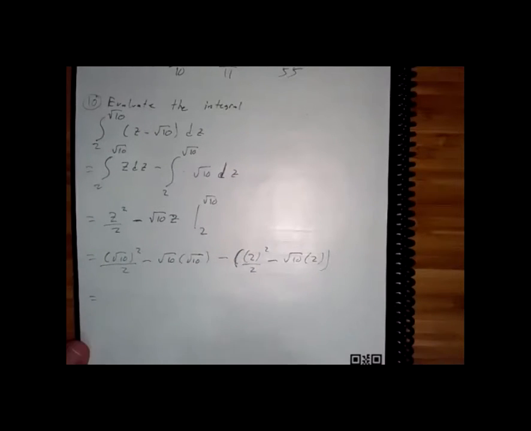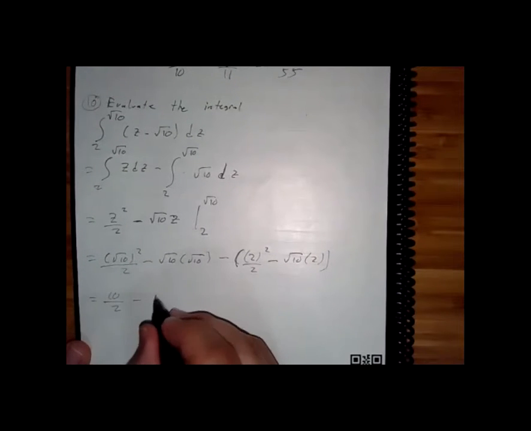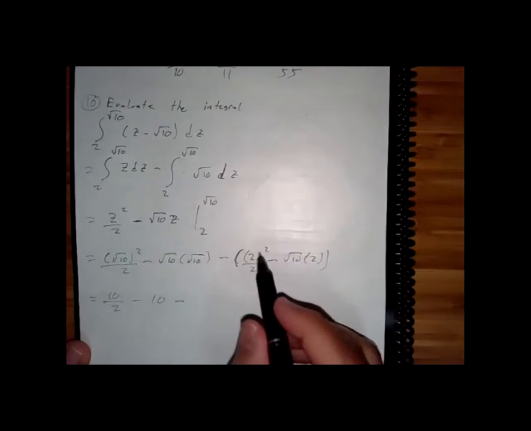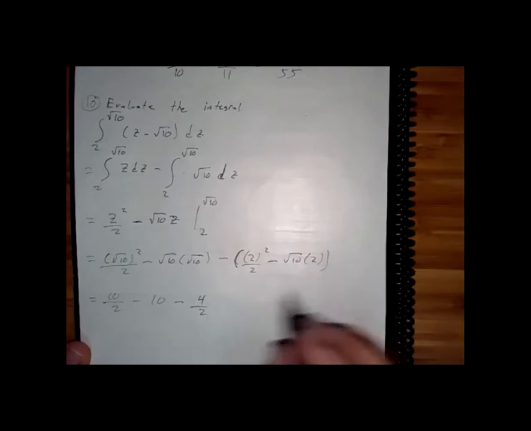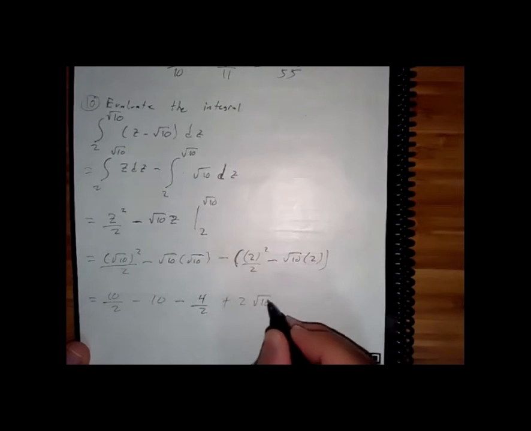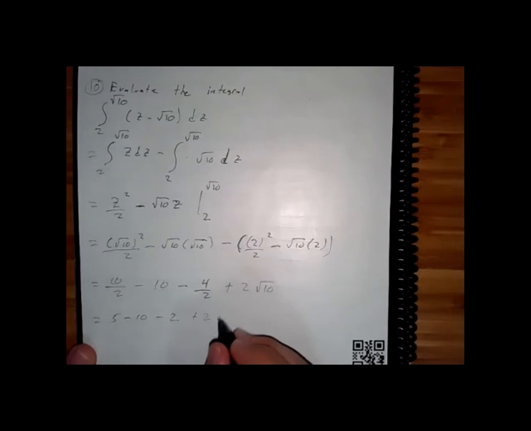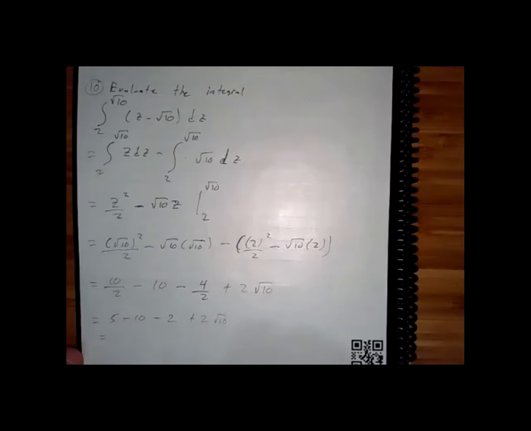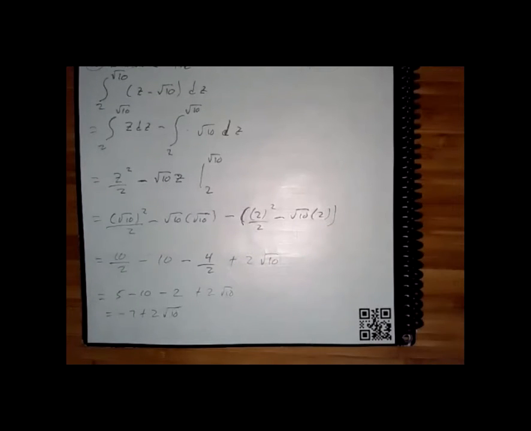So that'll be 10 over 2, minus 10, minus 4 over 2, plus 2 square root 10. So that'll be 5 minus 10 minus 2 plus 2 root 10. So the final answer should be negative 7, I hope. Yeah, that's what they got.